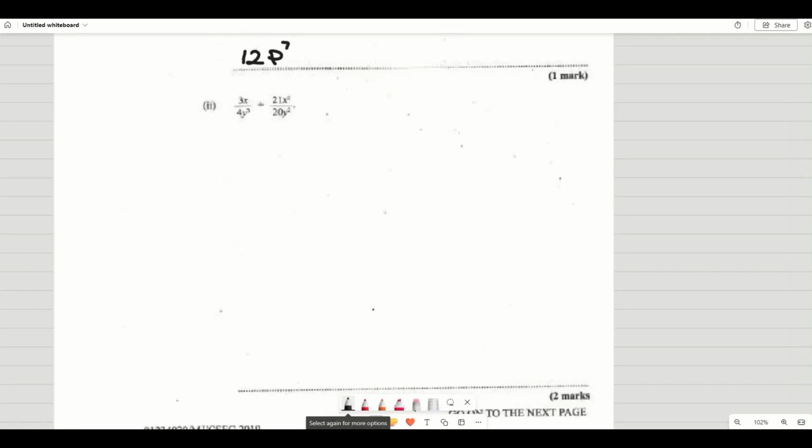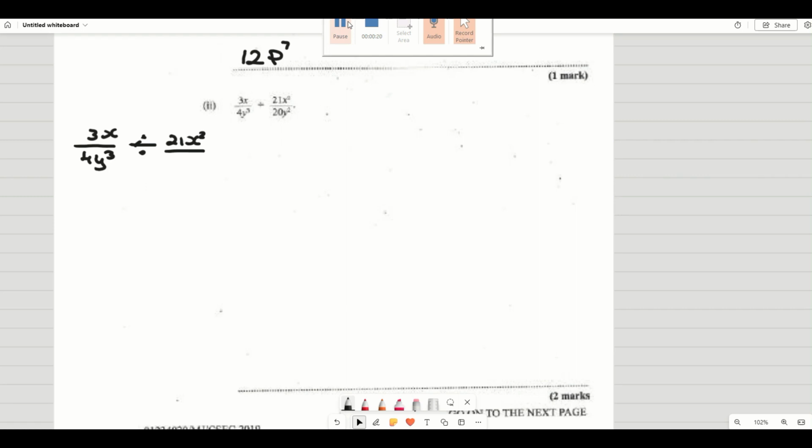Okay, so for part 2, they have 3x over 4y cubed divided by 21x squared all over 20y squared.